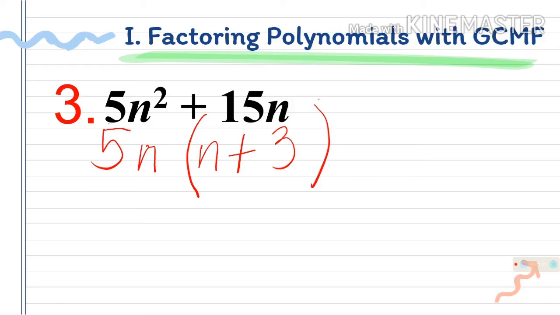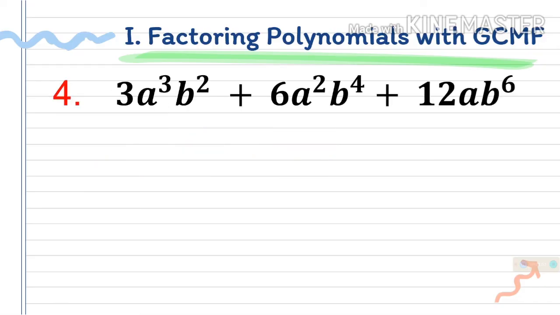Okay, so let's now proceed with the last example. We have 3a cubed b squared plus 6a squared b to the 4th power plus 12a b to the 6th power. So again, what kind of polynomial is it? Yes, we have 3 terms, first, second term, third term.